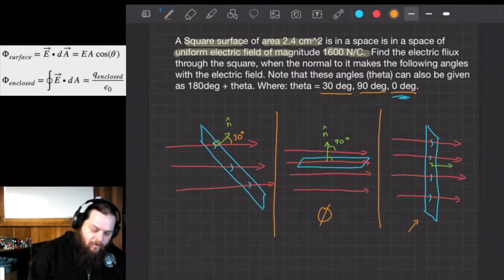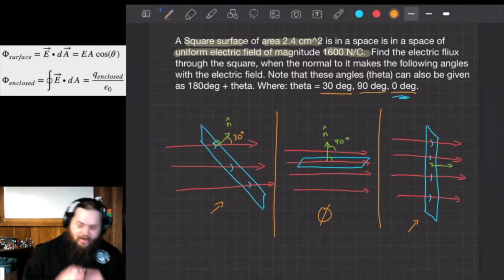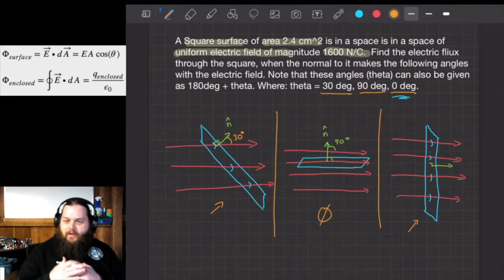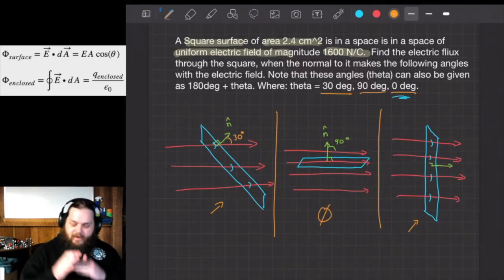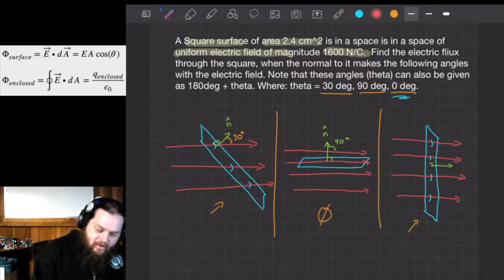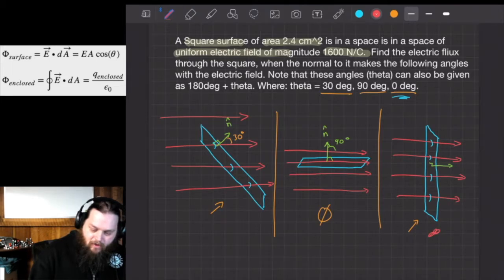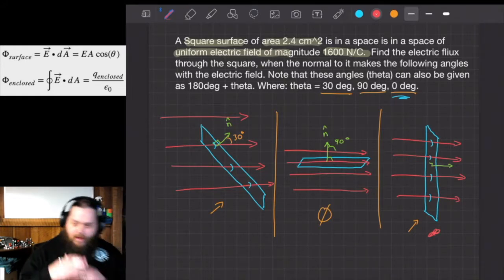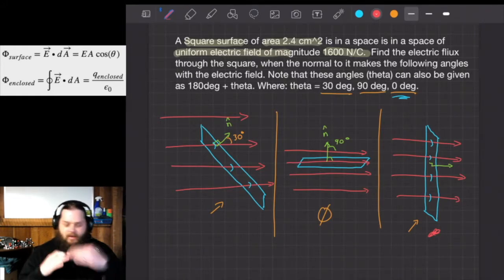And for 30 degrees, it's going to be somewhere in between. It's going to be a little less than 100% of it, just because it's at a slight angle. Since the electric field is traveling at a distance, part of the field might make it through at 0 degrees, but it won't make it through at the 30 degree angle. Part of that field is slipping out.